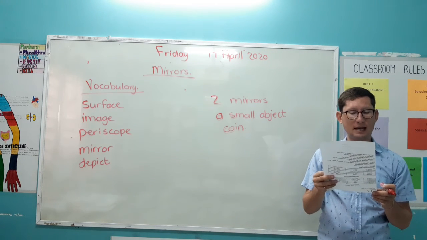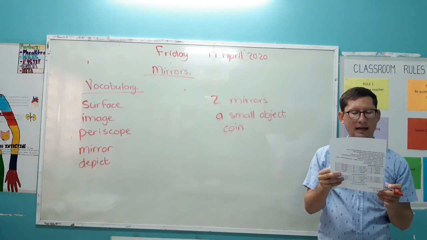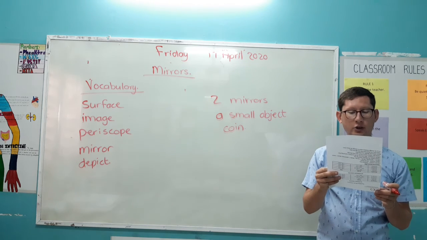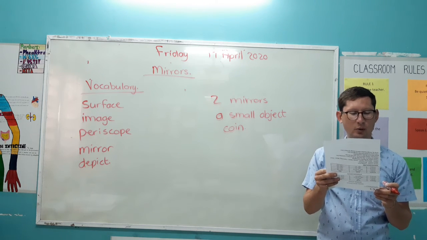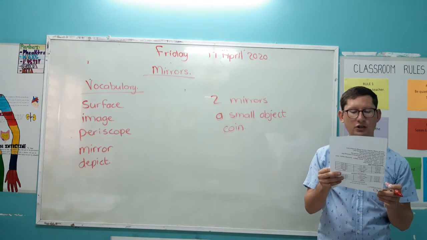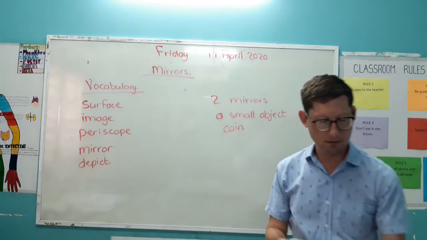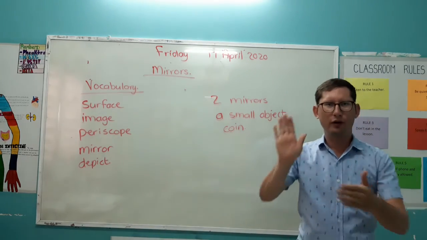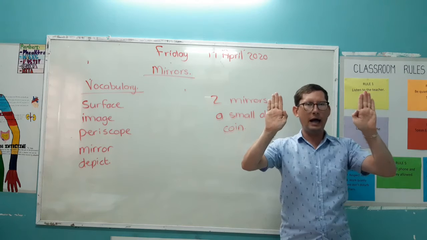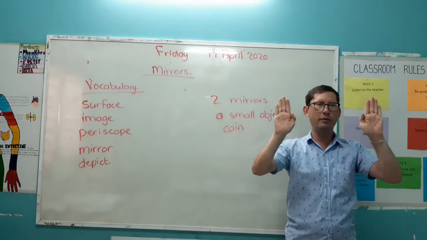Arrange the two mirrors upright and at a right angle to each other. Place a small object between the mirrors. Look in one of the mirrors and see how many images you see. For example, let's say my two hands, the palms of my hands, are two mirrors.